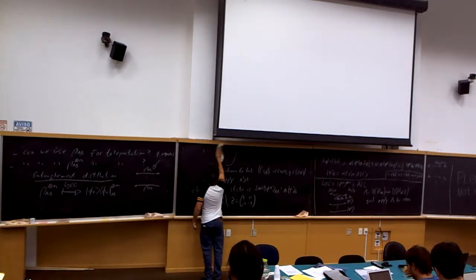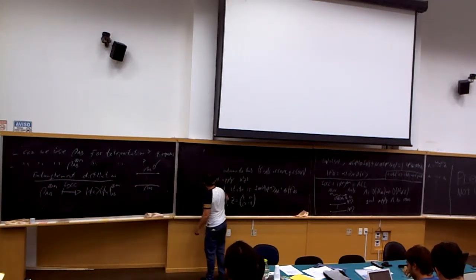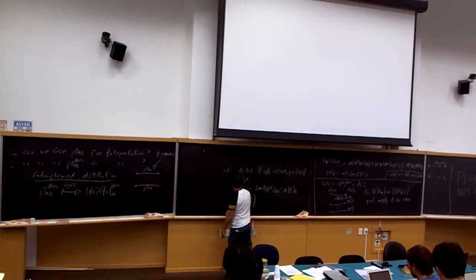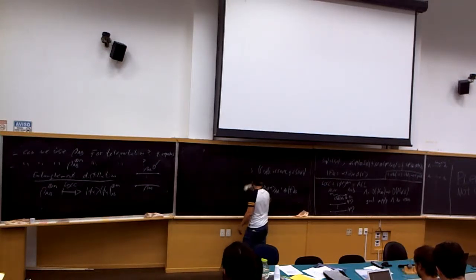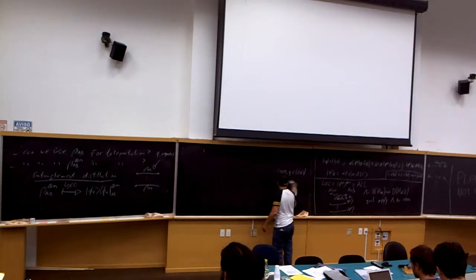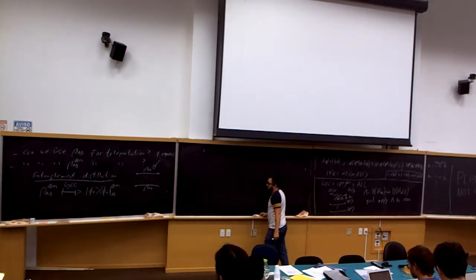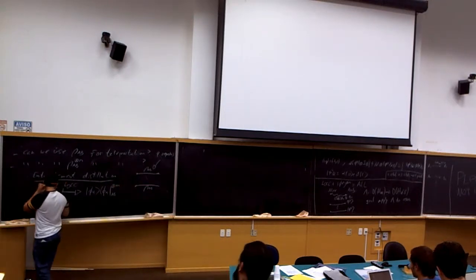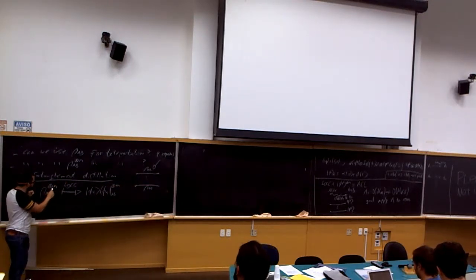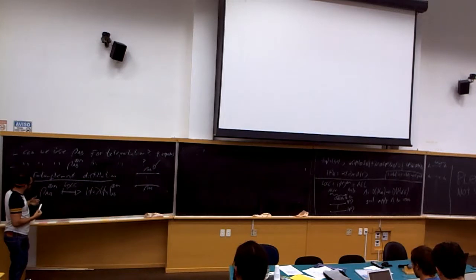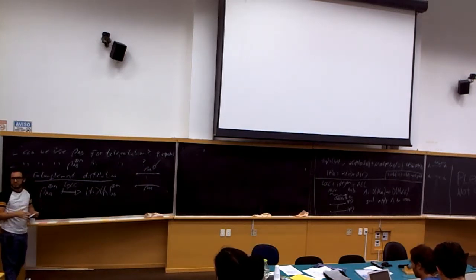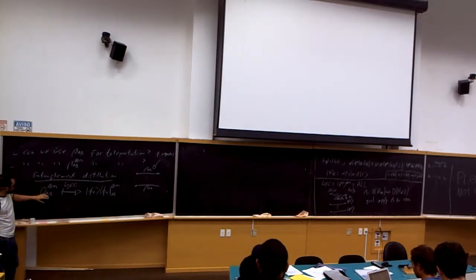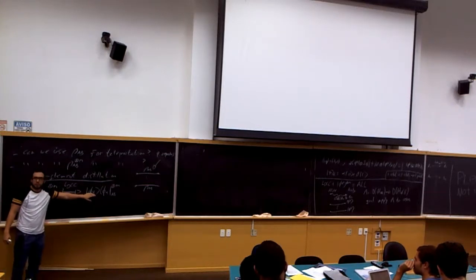Okay, so what do we know about this problem? One nice thing about this problem is that we can start studying entanglement in some quantitative way. We can ask, how good is this rho B with respect to an EPR pair?